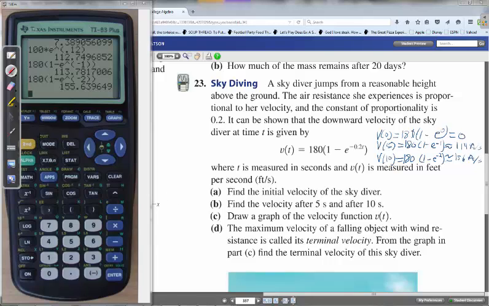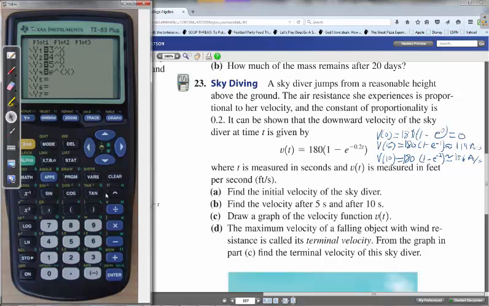Draw a graph of the velocity function. Easy enough. It's just a really easy way. I could just turn them off. Honestly, I'm not going to use them again, so I might as well get rid of them. 180, 1 minus e to the negative 0.2x, close parentheses, close parentheses.